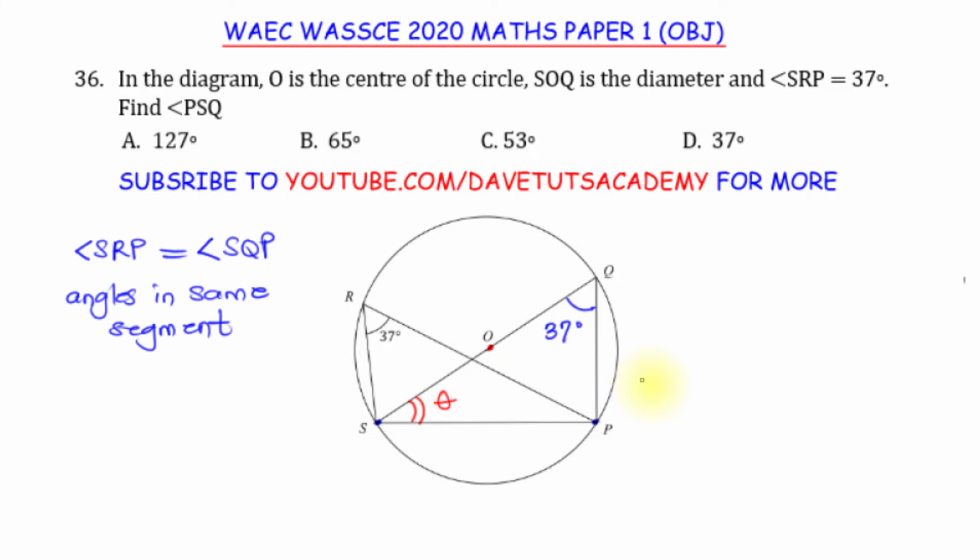Then in the second case, I can say that angle SPQ is going to be a right angle, that's 90 degrees. Why? Because it is an angle that is subtended at the circumference by the diameter of the circle. We are told that SOQ is the diameter of the circle. So this is the angle that the diameter subtends at the circumference.